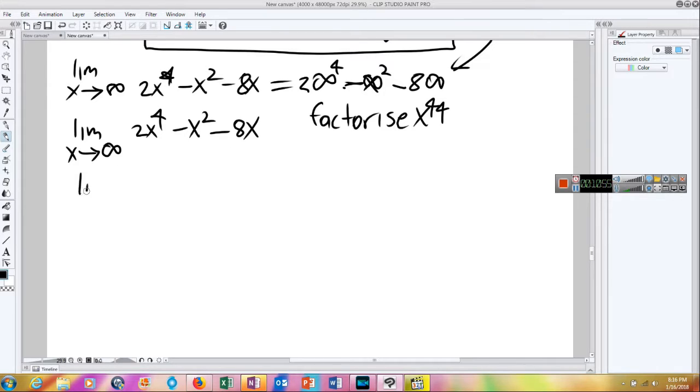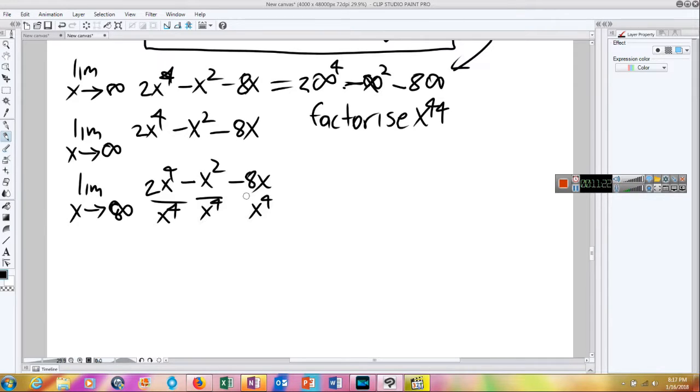So we're going to say limit x tends to infinity for the function 2x to the 4th minus x squared minus 8x divided by x to the 4th power here, x to the 4th power here, and x to the 4th power here.